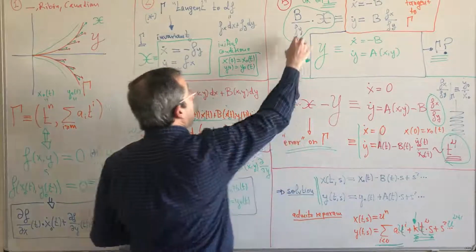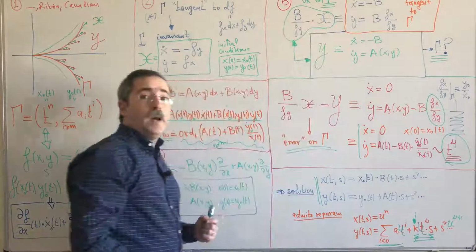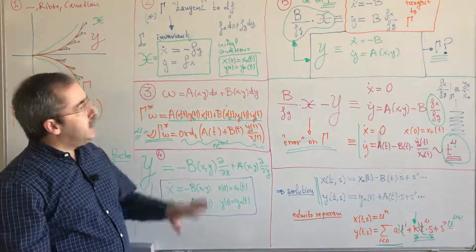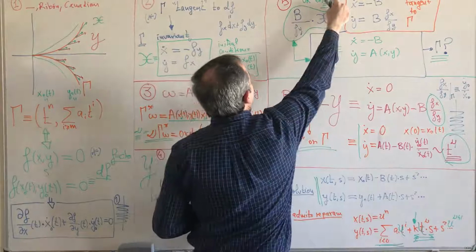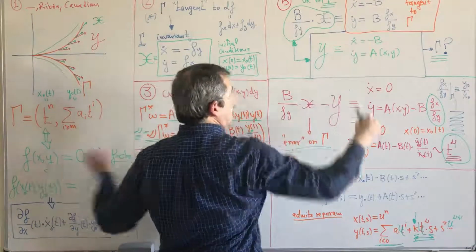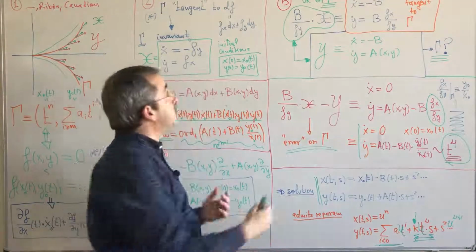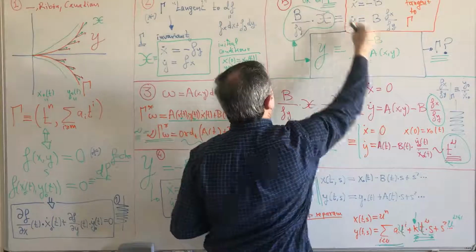So we multiply it times b over f_y, the partial of f with respect to y. This vector field is perfectly defined on gamma because f is an irreducible equation of gamma, so its differential does not vanish on gamma.